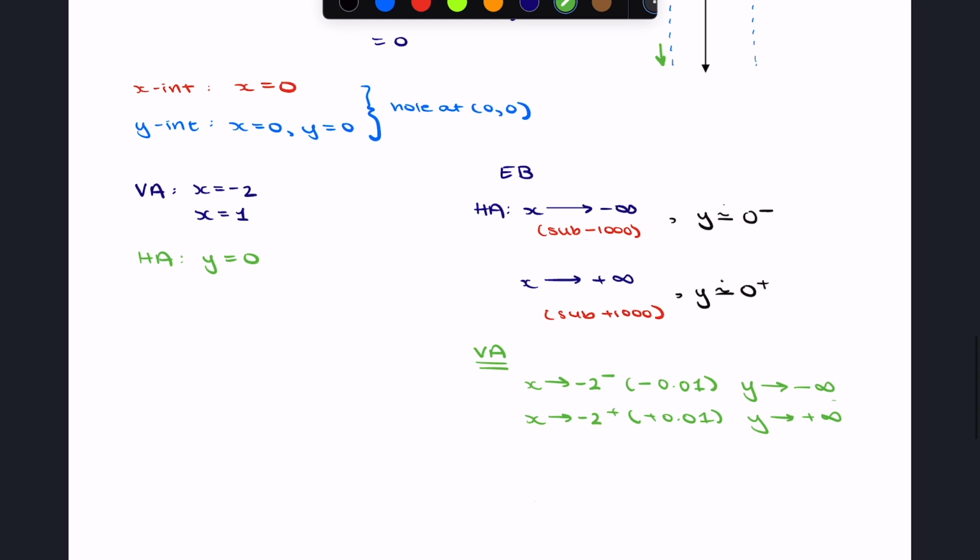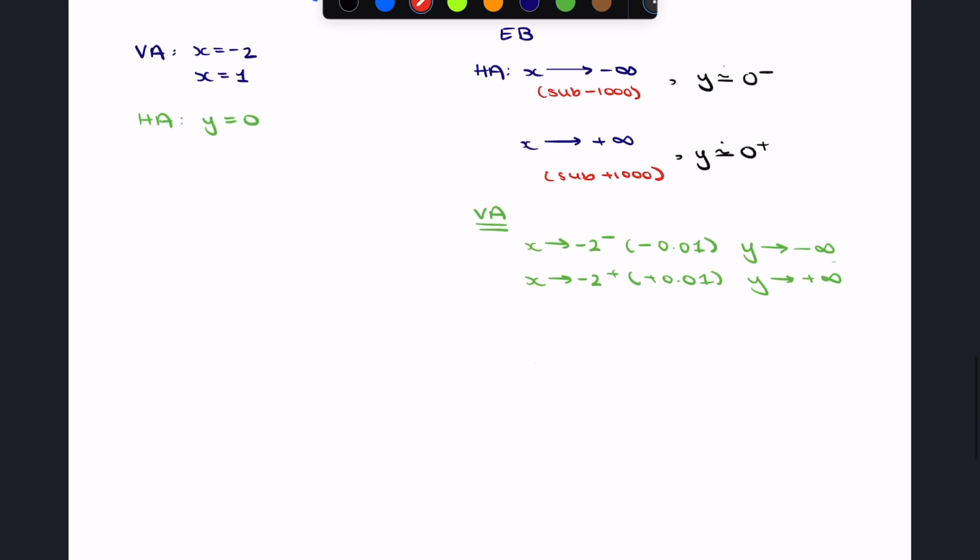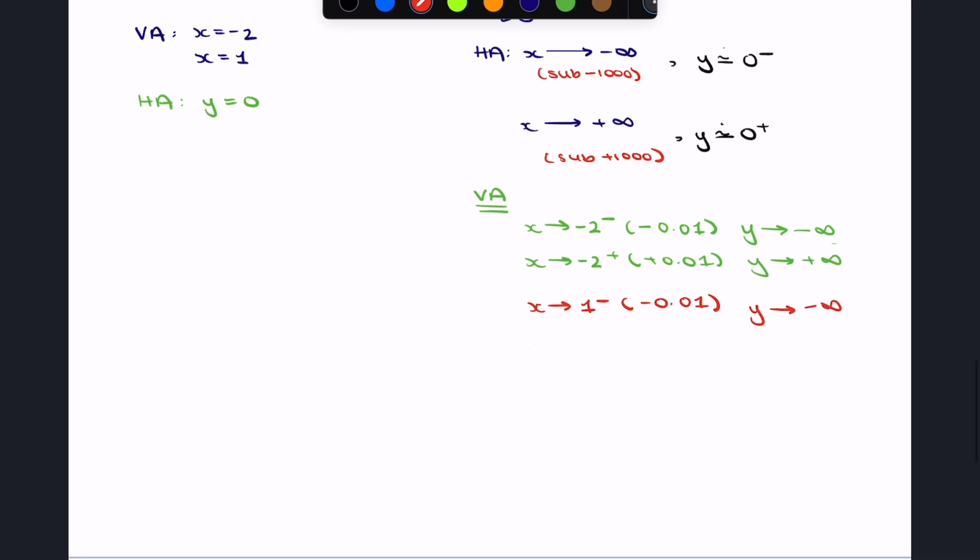And then our other vertical asymptote, x is equal to 1. So here, as x approaches 1 from the left, if we subtract 0.01, we see that our y value will trend to negative infinity.